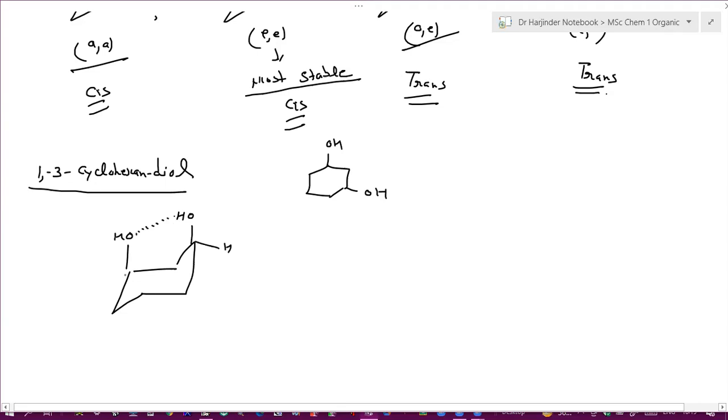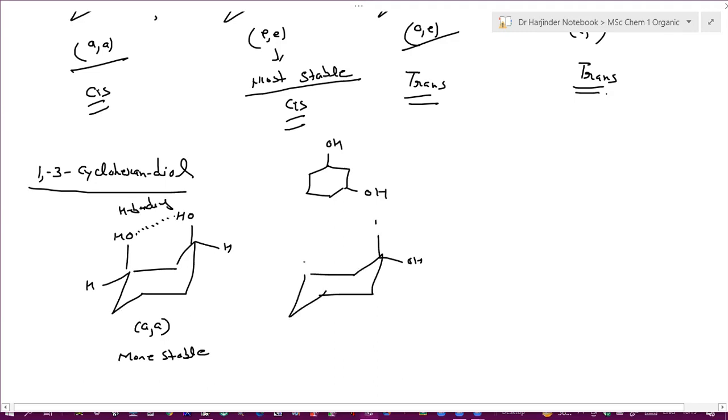So in this case, your axial conformation will be more stable because of hydrogen bonding as compared to equatorial conformation. So whenever you have a possibility of hydrogen bonding, in case of 1,3-disubstituted cyclohexanes, due to hydrogen bonding, axial conformation is most stable.